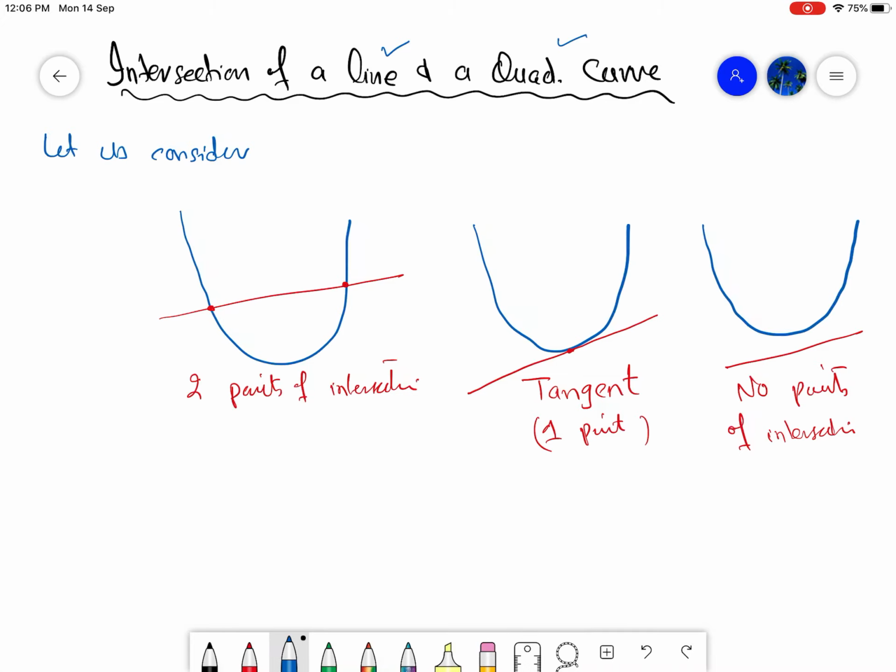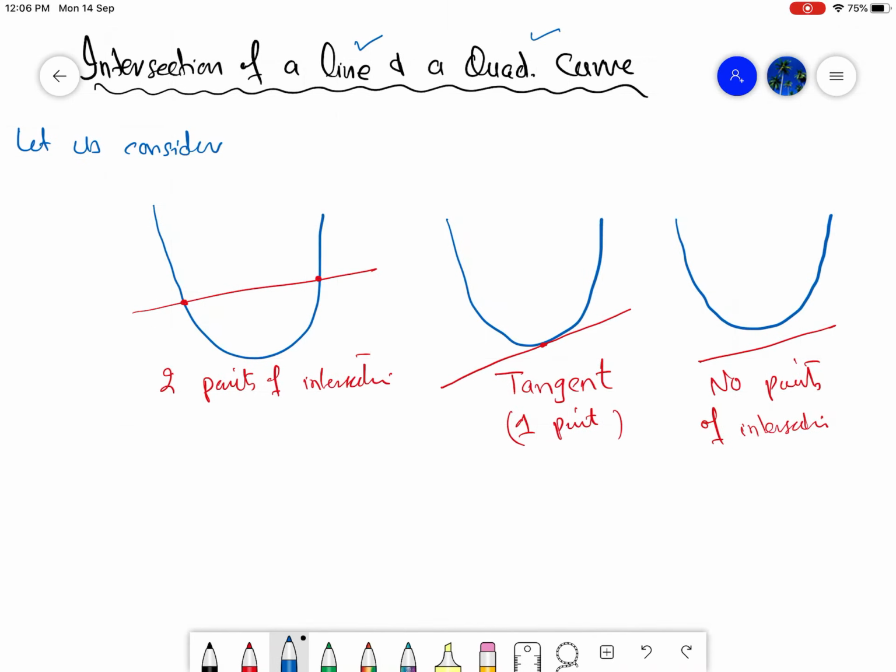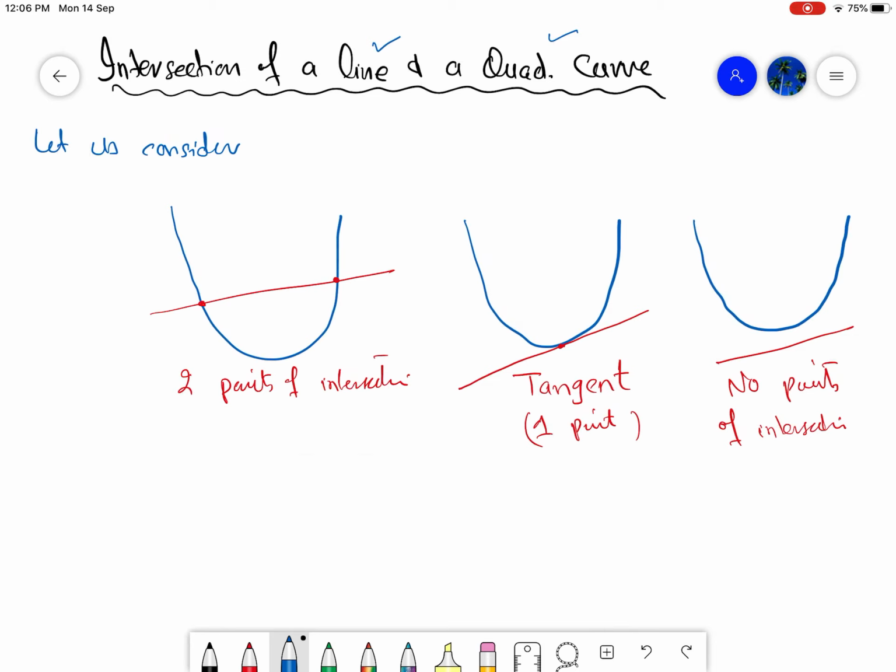Now you also know that if we need to work out these points of intersection of a line and a curve, we can solve the equations simultaneously and then get the values of x or value of x.